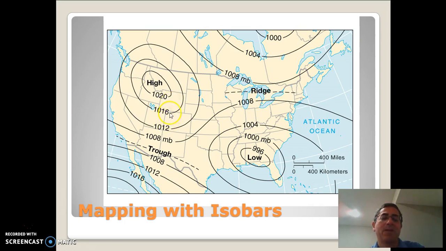So the contour interval between these lines is 4 millibars. This is analogous to a topographic map where the lines represent elevation, and going up this way would be equivalent to climbing a hill. Where it says high, that would be the peak, the top of a hill.